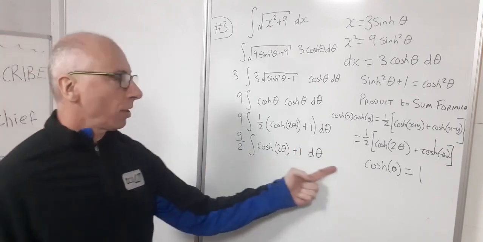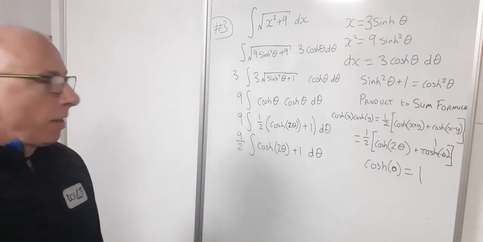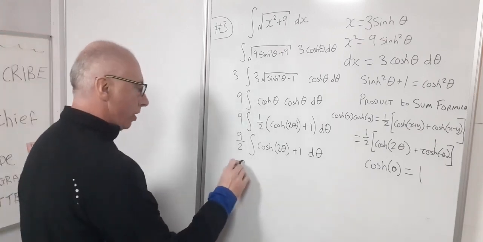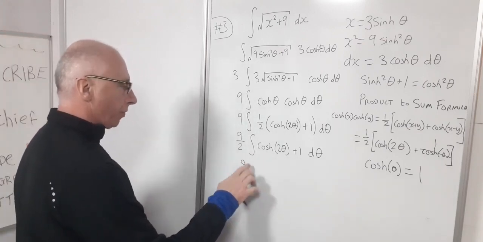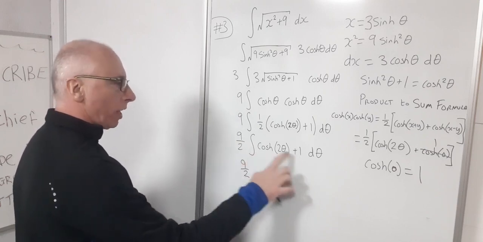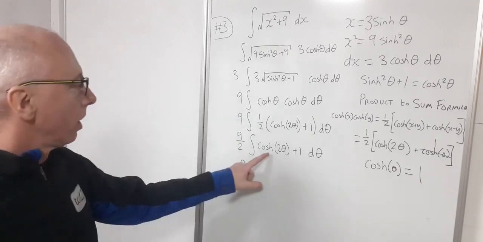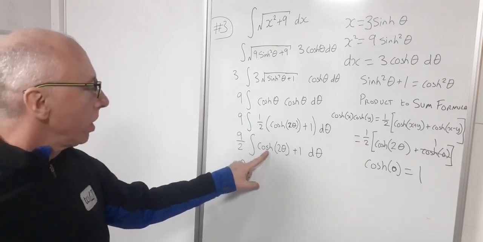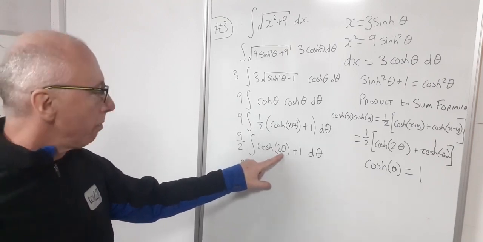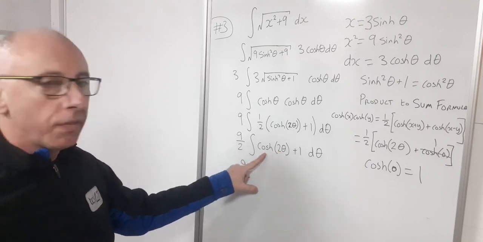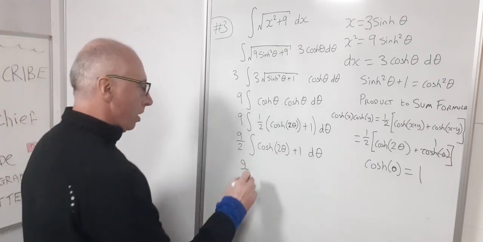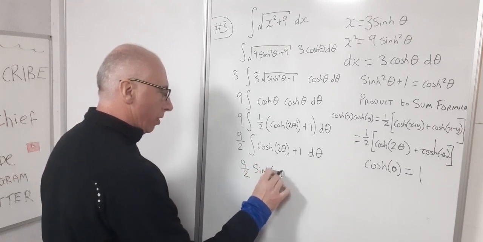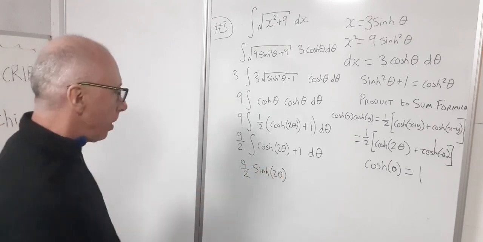Okay, well, integrating this, they're nice integrals to do, nice and straightforward, all standard integrals. So now I've got 9 over 2. Now let's put the constant multiple with each term as I integrate it. So cosh of 2 theta, well, that's going to give me sinh of 2 theta, and then by the chain rule I need to divide by 2. So now I've got sinh of 2 theta, and then divide that by 2.